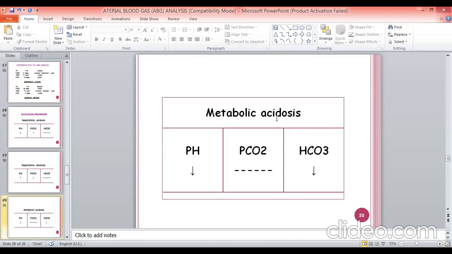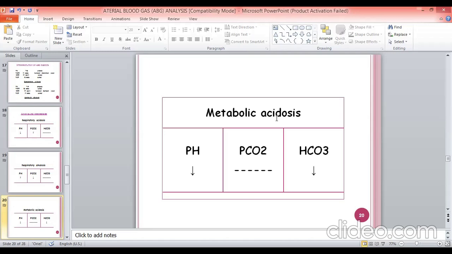Coming to metabolic acidosis, metabolic means the alteration is in bicarbonate, whether increased or decreased. If the pH is decreased, that is acidic. So metabolic acidosis means pH is going to decrease, bicarbonate is going to decrease, and partial pressure of carbon dioxide is normal.